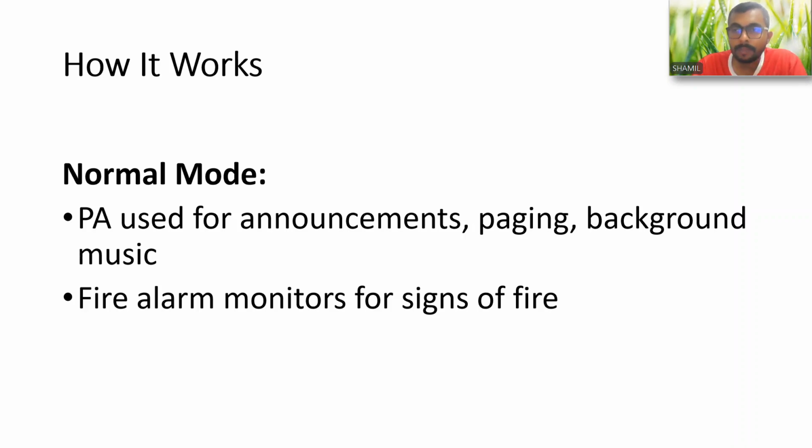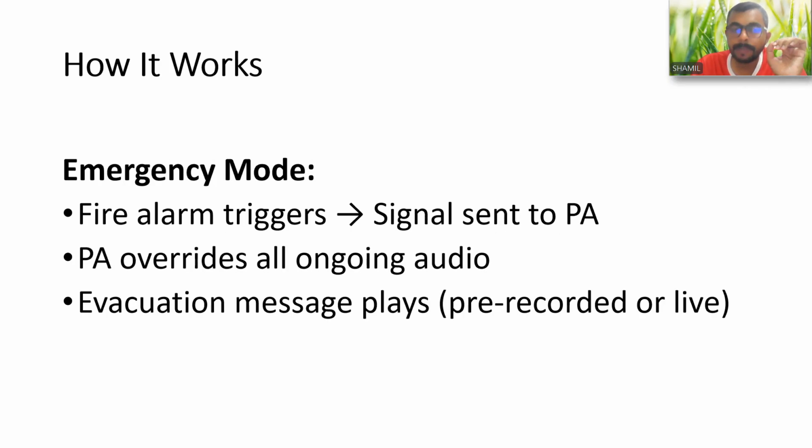Now, what happens when the fire is detected? When the fire alarm is activated, the notification devices of the fire alarm system start blaring. They start to notify the occupants, and the fire alarm signal is sent to the public address system. When the fire alarm gets triggered, a signal will be sent to the public address system, and this fire alarm signal will override the public address signal.